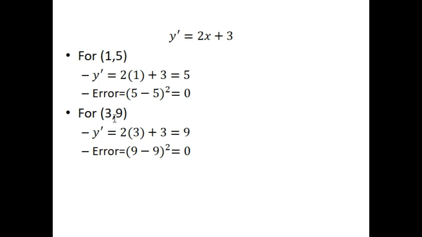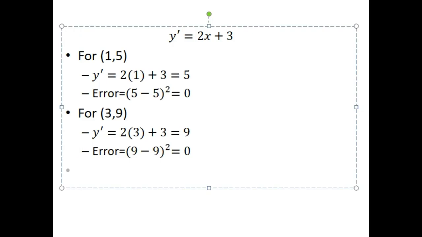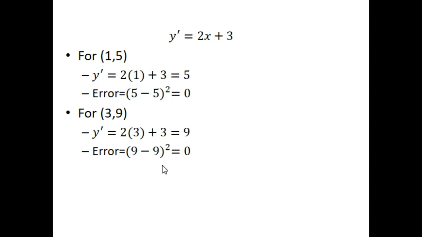In the same way, for this data point 3, 9, the predicted y is equal to 9, which is equal to the actual 9. So the error value is 0. In the same way, the sum of squared error is also 0.